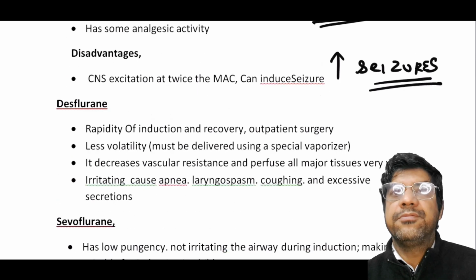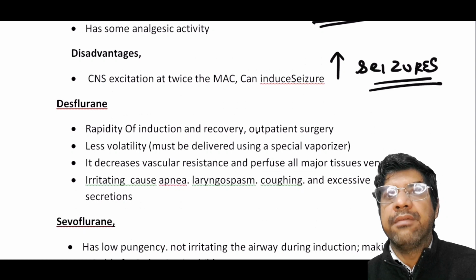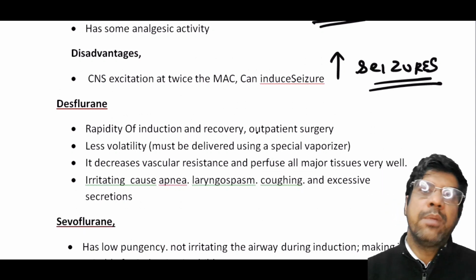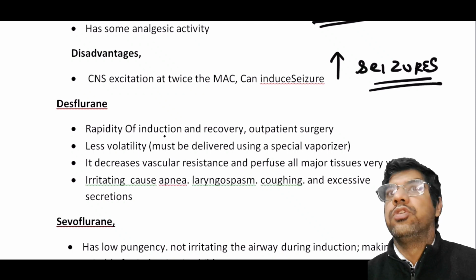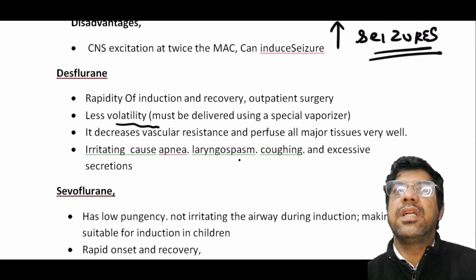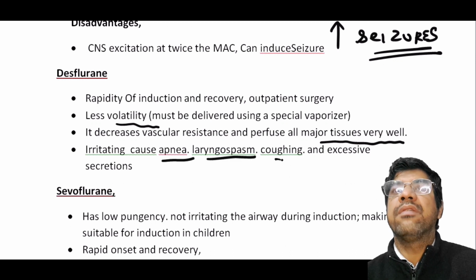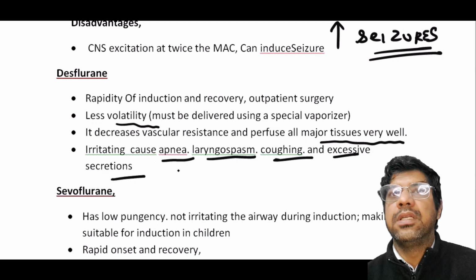Other is desflurane. It has a speedy induction and recovery, and it is suitable for outpatient surgery. It is less volatile. It decreases the vascular resistance and perfuses all the major tissues very well. Its irritation can cause apnea, laryngospasm, coughing, and excess secretion.